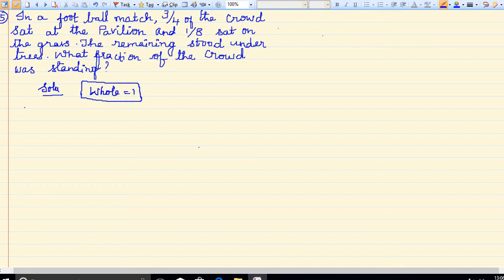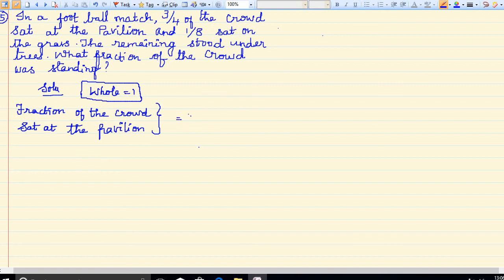Now see this. Fraction of the crowd sat at the pavilion is equal to how much? 3/4.